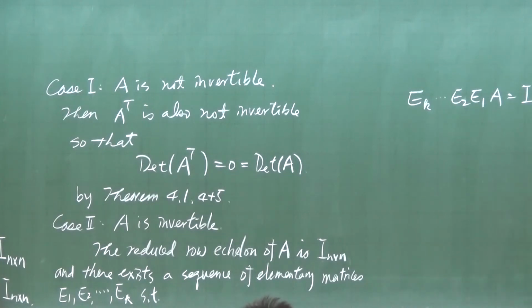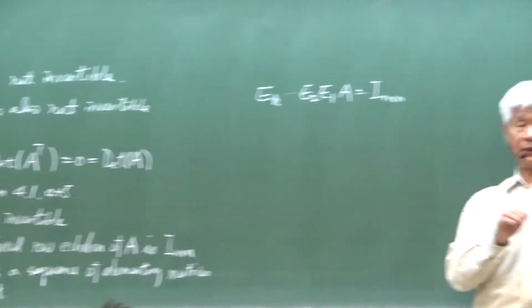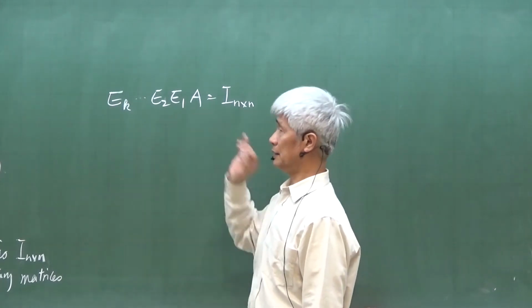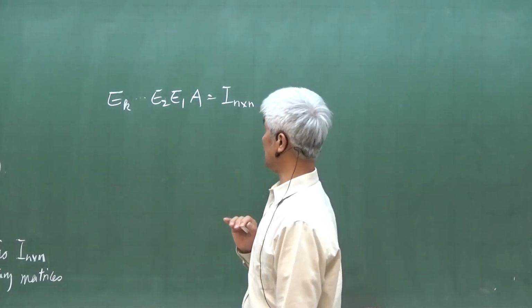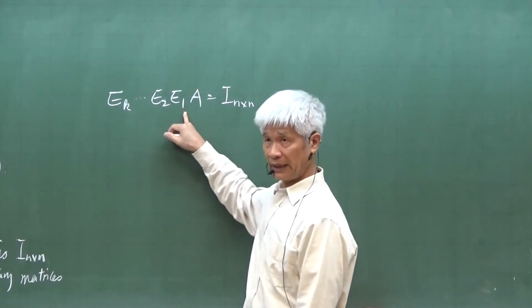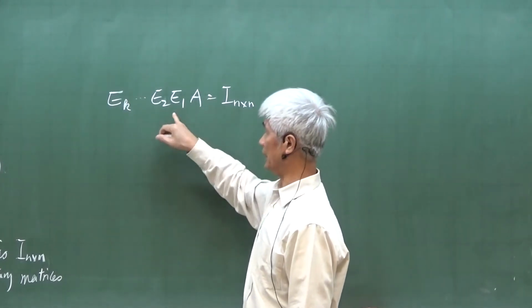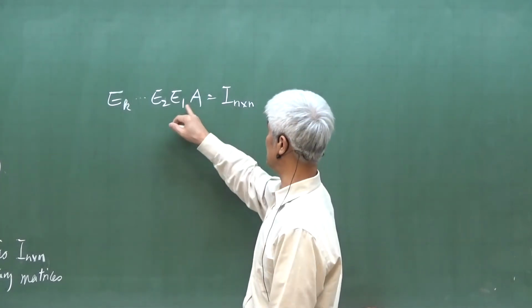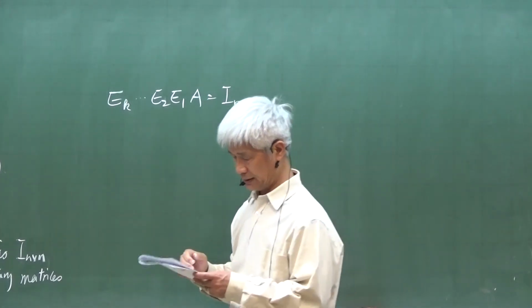So we can reach the reduced row echelon form by row operations, and it is equivalent to saying that we multiply the matrix A by elementary matrices from the left. Okay, so we have a sequence of elementary matrices.